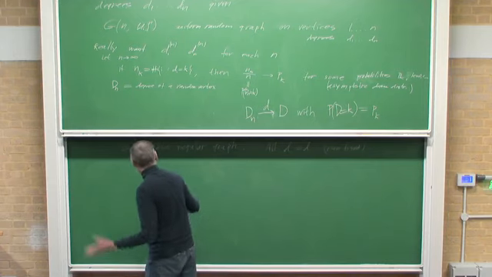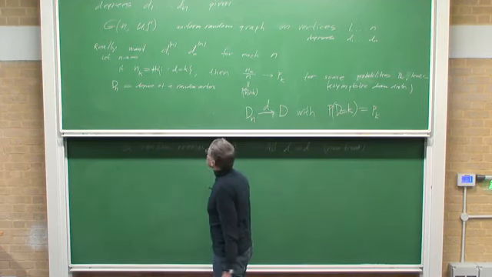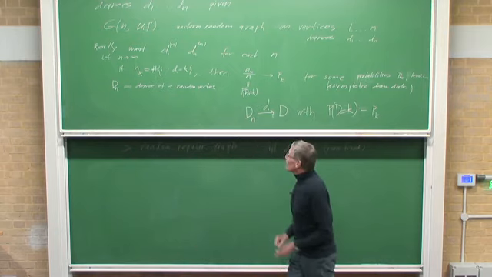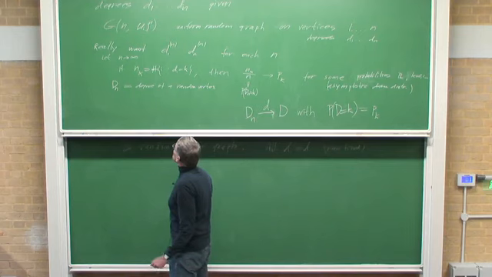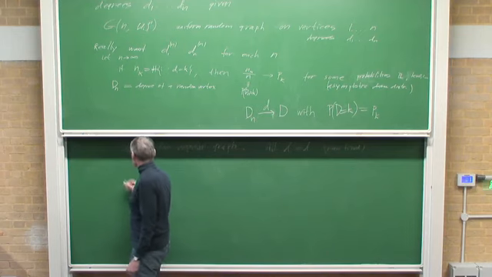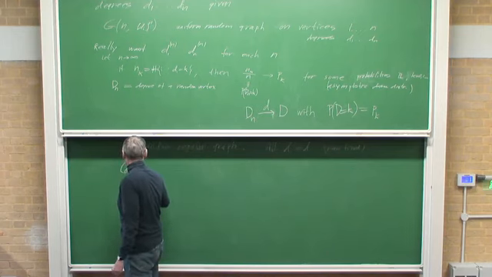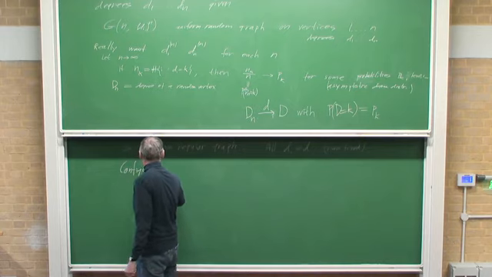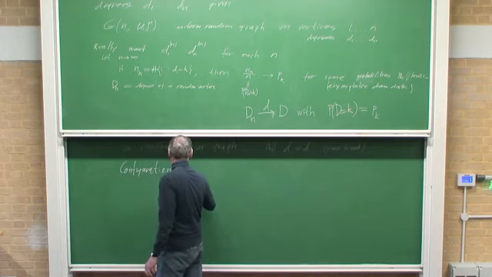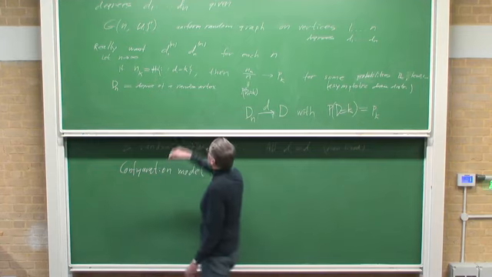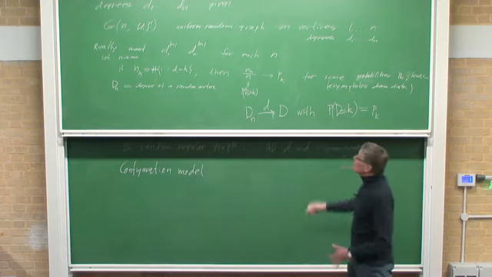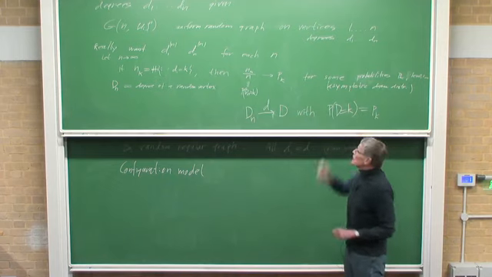Okay, so the configuration model, again, I guess that most of you know it, but the way we do it is that, since this is the standard way to study graphs with a given degree sequence, at least in cases like this, which are rather sparse.